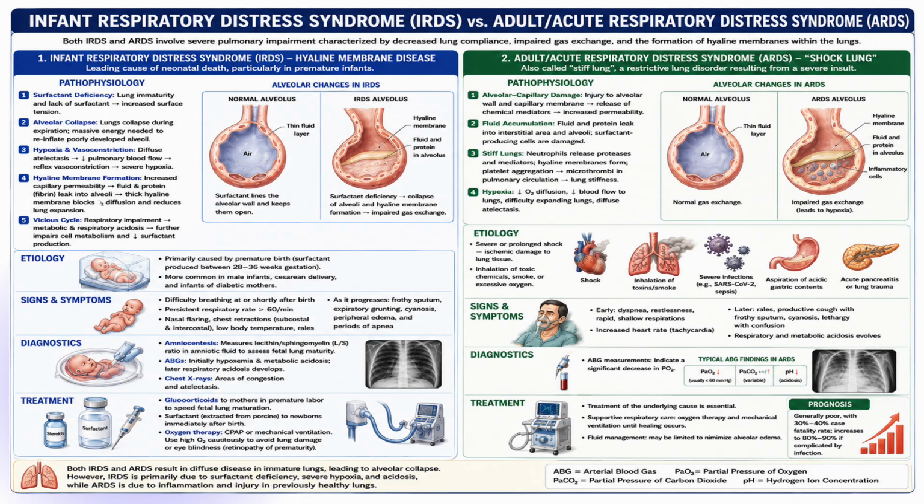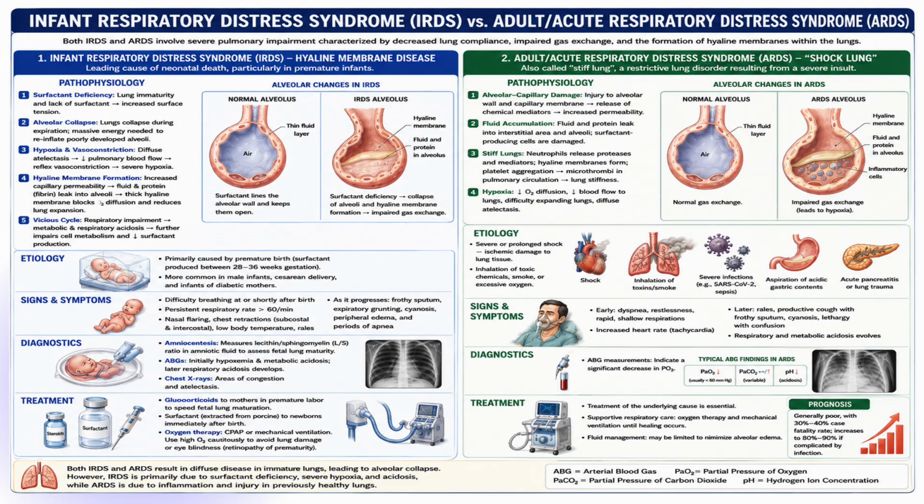ARDS, the adult respiratory distress syndrome, called shock lung or stiff lung, occurs after severe lung injury, for example in car accidents, or systemic inflammation that could include sepsis, severe infections, aspirations, trauma, or inhalation injuries, where you inhale something and it injures your lungs. Damage to the alveolar capillary membrane allows fluid and protein to leak into the alveoli, severely impairing oxygen diffusion.